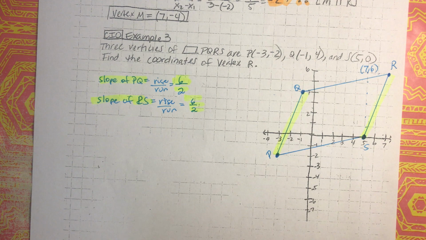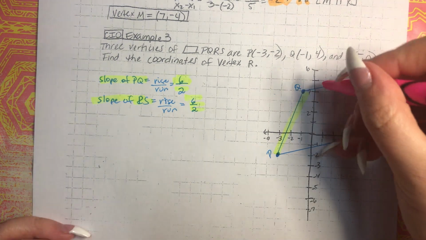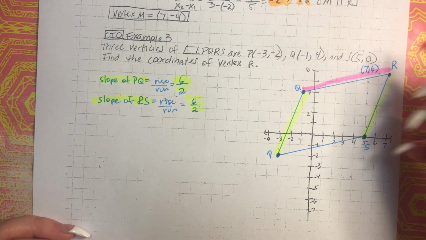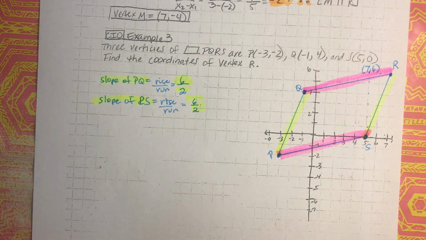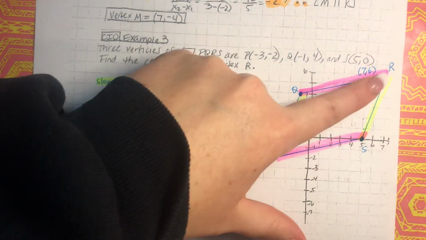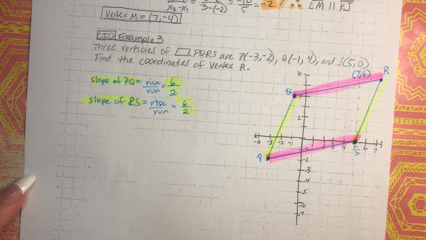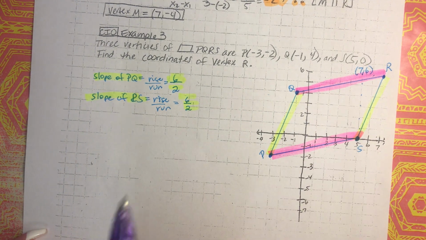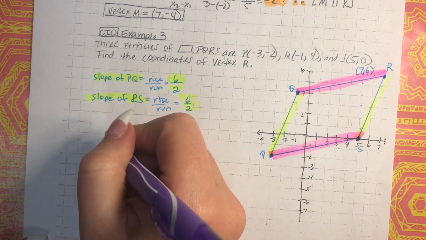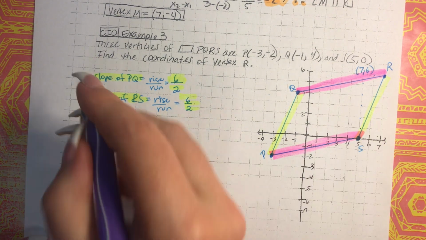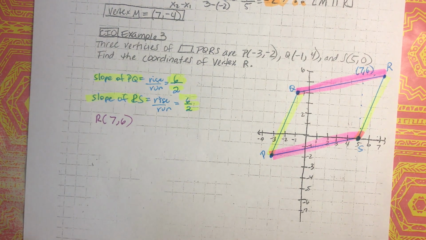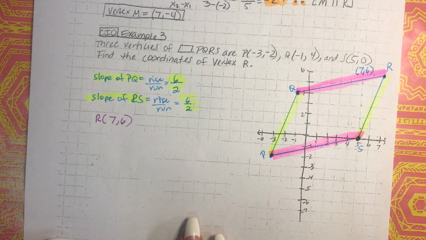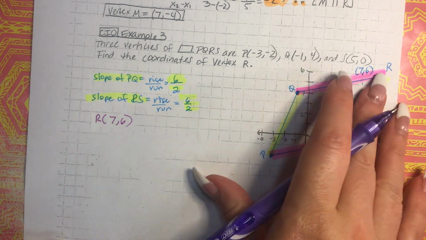Now what we need to find is the slope of QR and PS. And if those slopes are the same, we're going to verify, right, using the slope formula. And if they're the same, then we know that we came up with the right answer there. So first, I'm going to figure out what the slope of QR is. I said R is 7, 6. Okay.